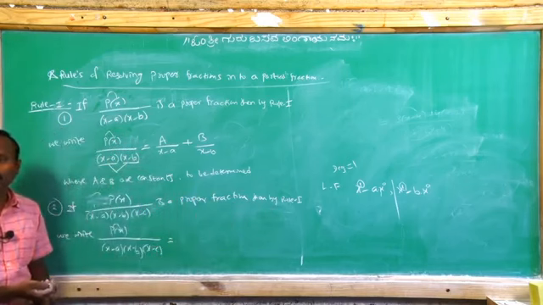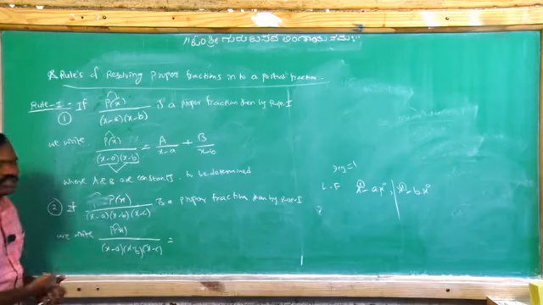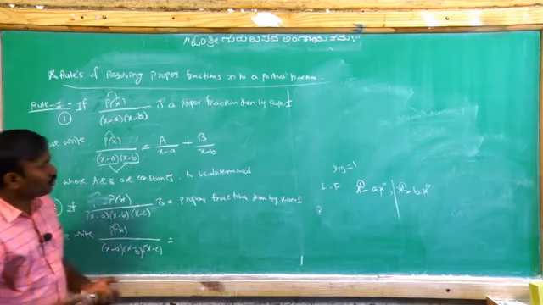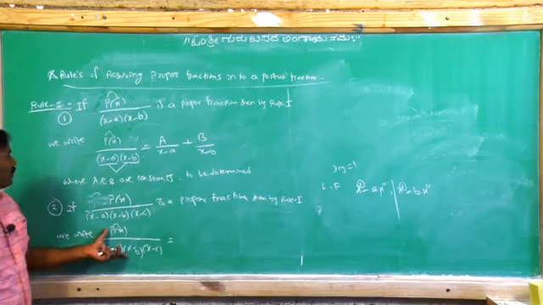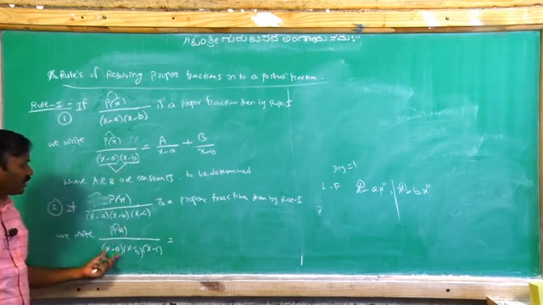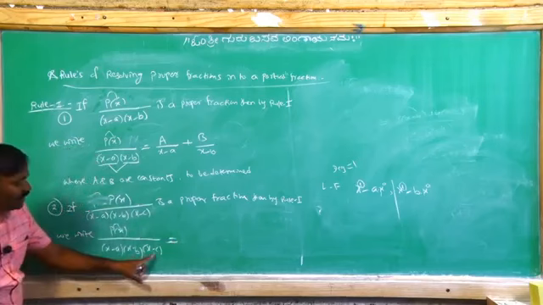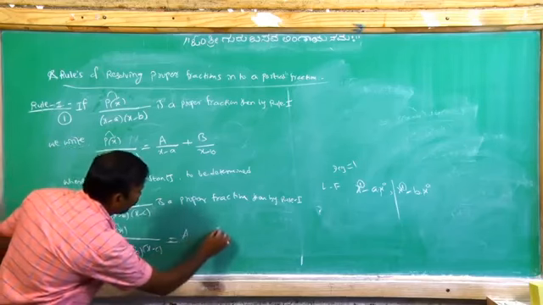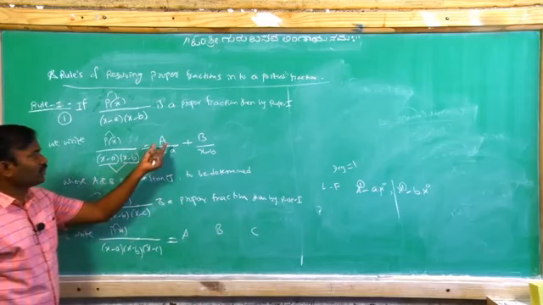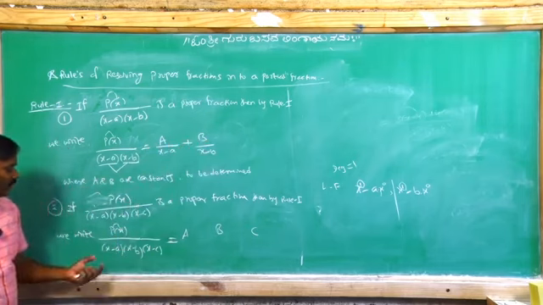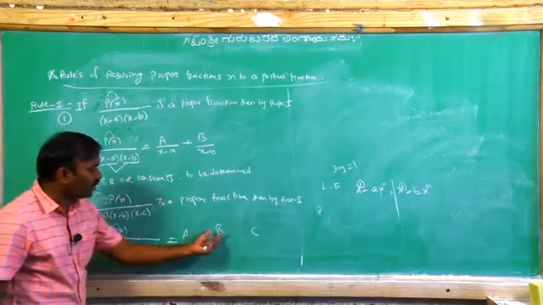And one more condition: if the denominator contains three different linear factors, then also we can use rule 1. We use rule 1 when the fraction is proper and the denominator contains different linear factors. Here there are a total of three different linear factors, that's why we take three different constants. In the first case, two different linear factors, we used two constants. In the second, three different linear factors, we use three different constants A, B, C.